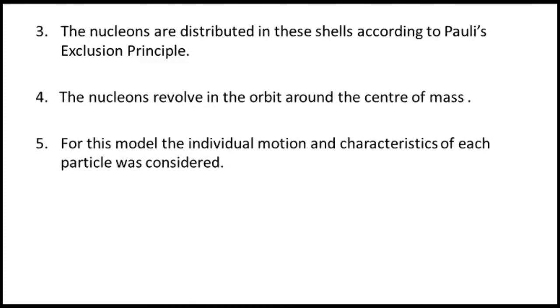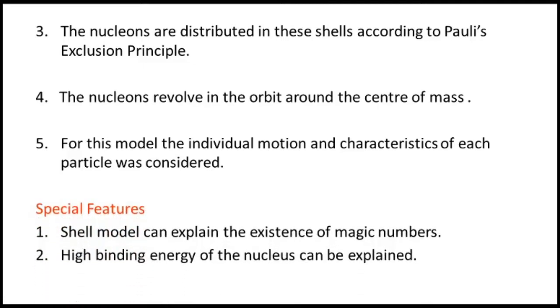Now for this particular model, that is the shell model, the individual motion and the characteristics of each particle were considered. So now we have seen that the nucleus has a model similar to the atom.